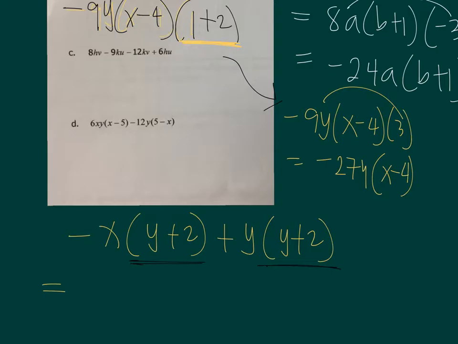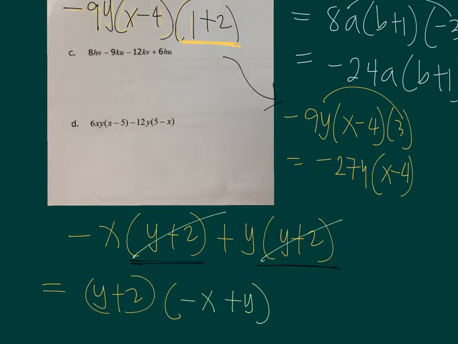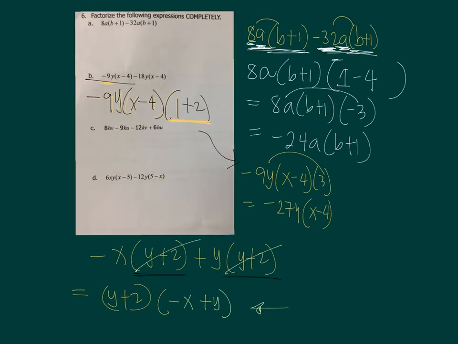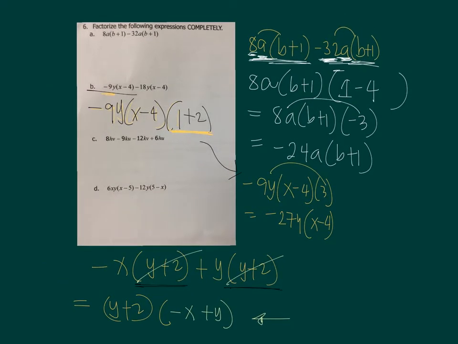If you factor out y plus 2, then this is out, so minus x, and this is out, so you have plus y. This will be the factored form. And you see the difference with the first two given expressions. We had numbers as the resulting group after factoring out. But in some cases, you could have variables such as x and y.